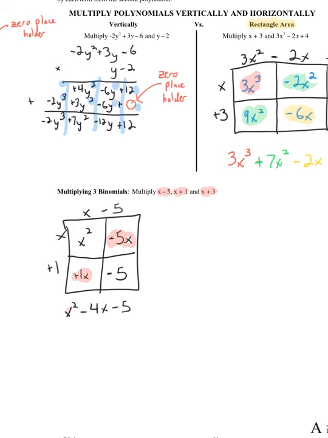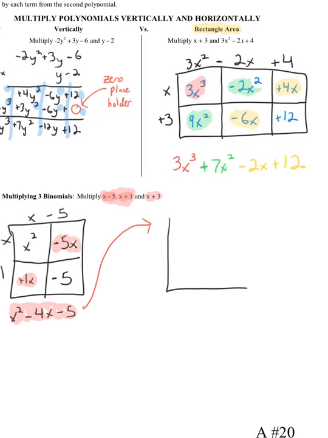Now that was the result of multiplying these first two terms together. I still need to multiply the third term, so what I can do is take this result and do another rectangle area method, a second one. It's going to be x squared minus 4x minus 5.